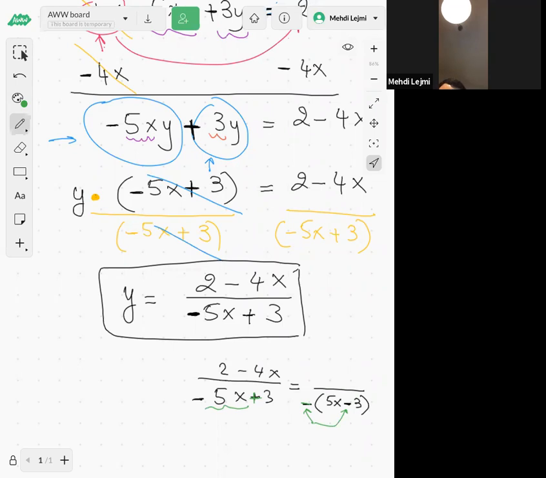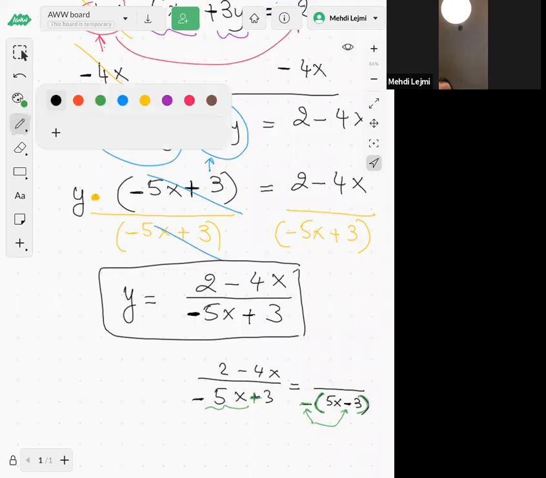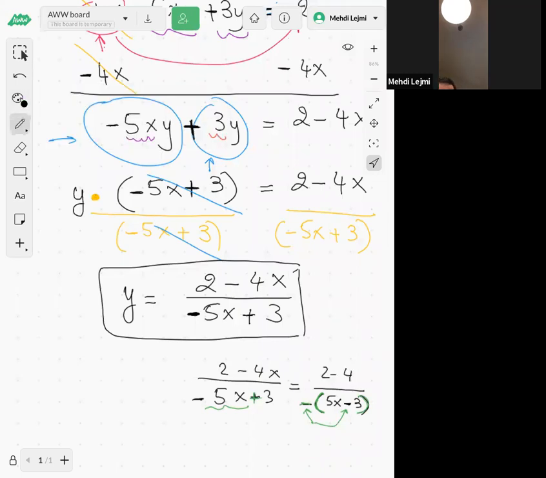Because of this parenthesis here, this is like minus the whole denominator. So we have this 2 minus 4x. Then you can move this minus to the top, for example. Then you have to take the opposite of the top, and the opposite would be minus 2 plus 4x, so over 5x minus 3.